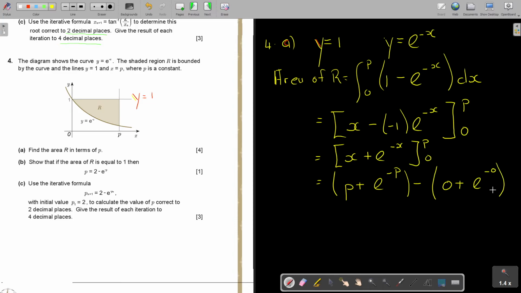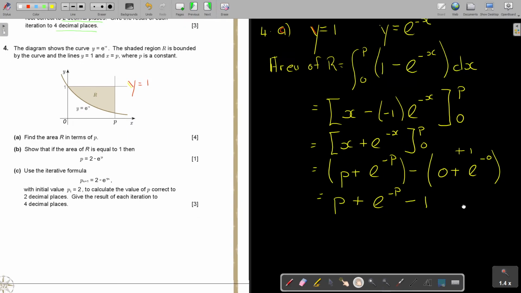Then I'm just going to quickly simplify this. So this is P plus e to the negative P. Now, just remember, this becomes plus 1, because anything to the power of 0 is 1. And a negative times that positive is negative 1. That is how I do it directly.